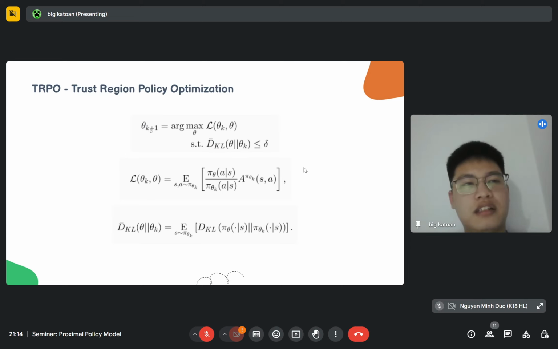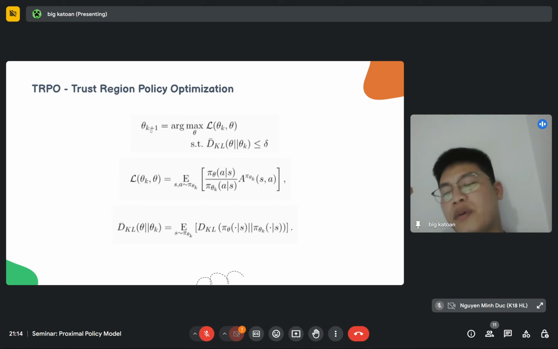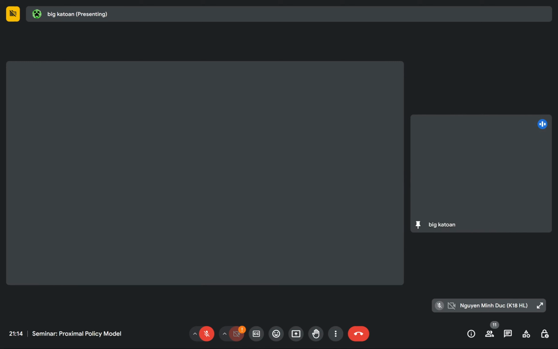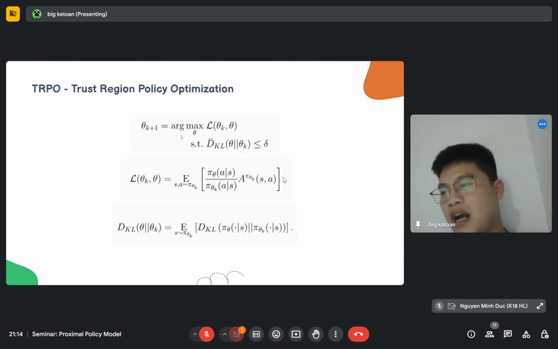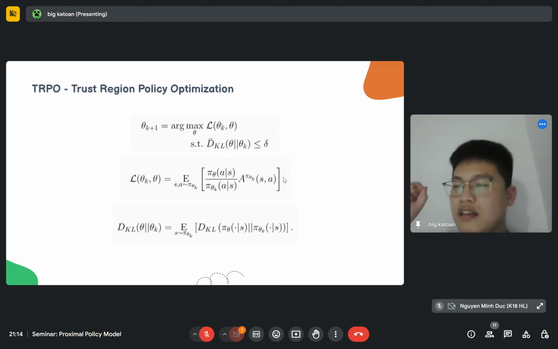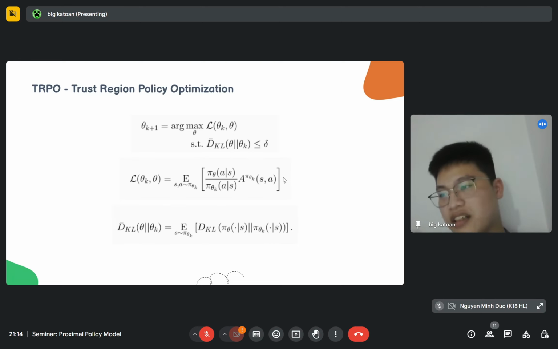Theta k plus one is the parameter after we update. This is how we update the model parameter: we take the argmax over theta of the loss L of theta k and theta. Theta k is the current theta.